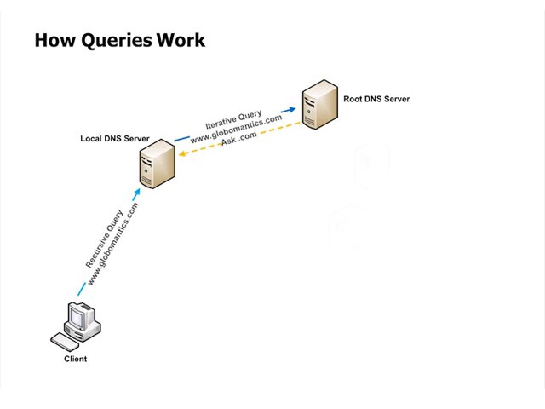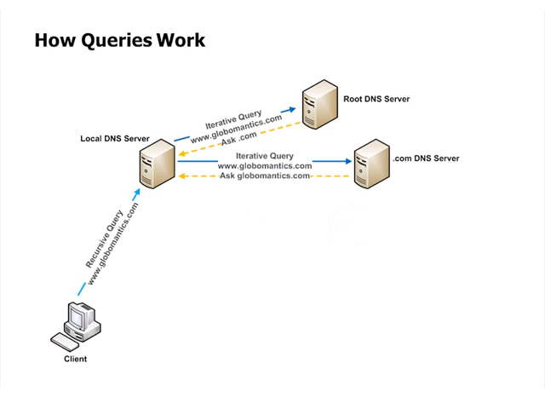At this point, the local DNS server, since it still doesn't have an answer, will do just that. It'll make another iterative query to that .com DNS server and say, hey, do you know who www.globalmantics.com is? And that .com server will say, nope, I don't know. But what I do have registered in my database is the IP address for a DNS server that's authoritative for globalmantics.com, which I see is in the name of what you're asking for. So why don't you go ask that server?